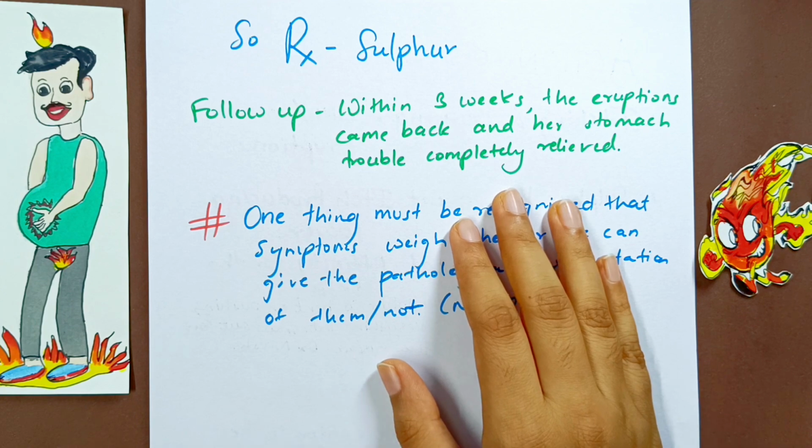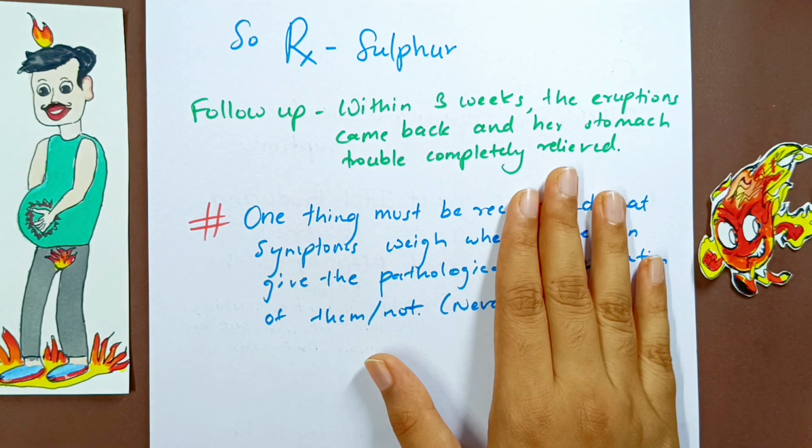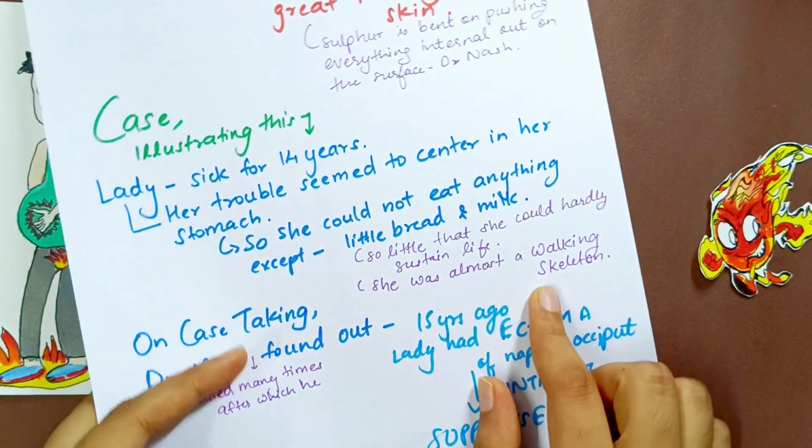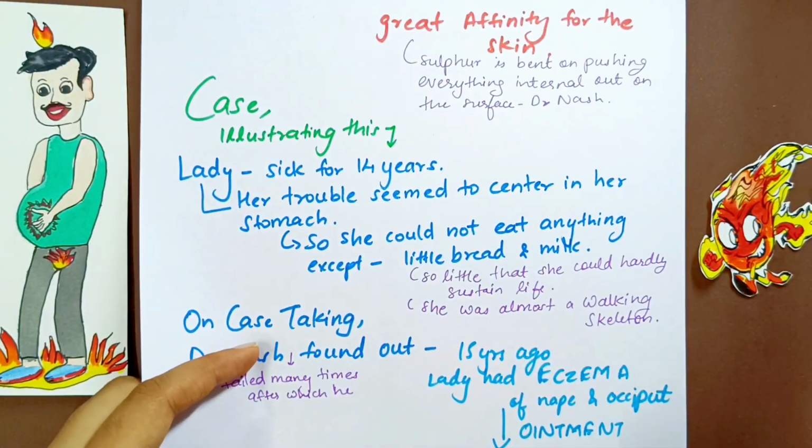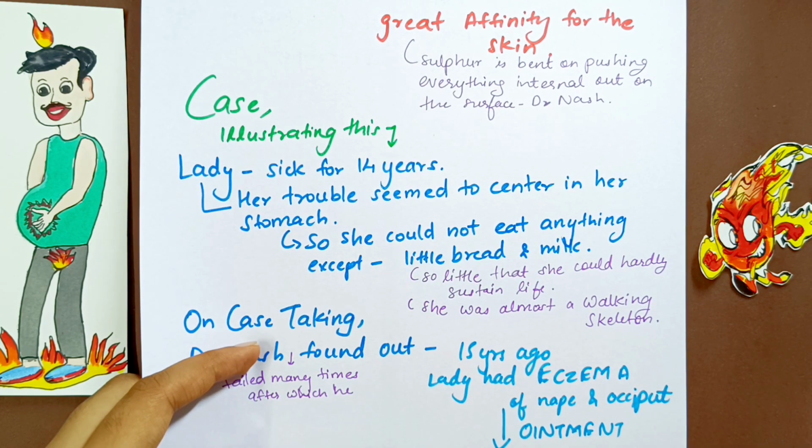Now, obviously, eventually those eruptions must have also gone away. But at least, even if there are eruptions on your body, you will not starve to death because of it, right? She was starving so much that she had become a walking skeleton because a more important organ of her body was involved, her stomach and intestines.